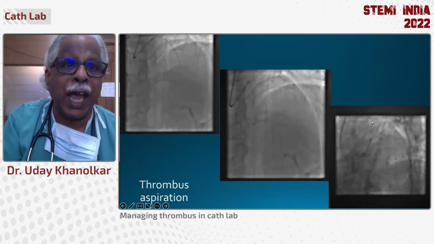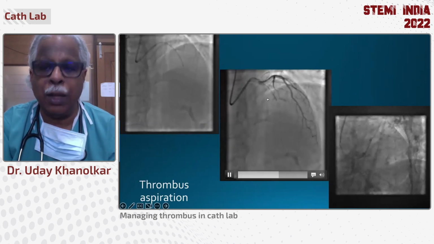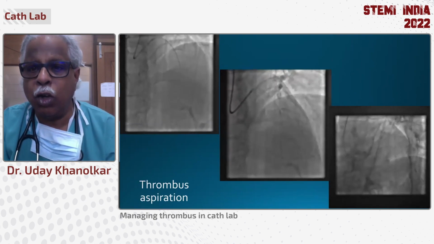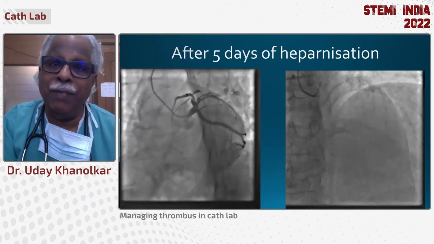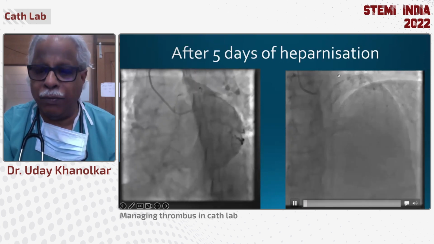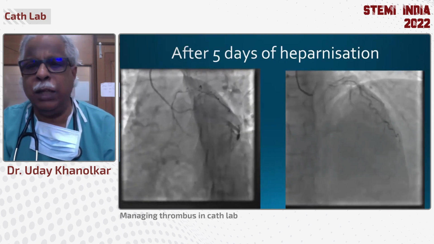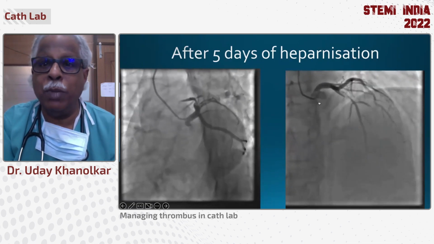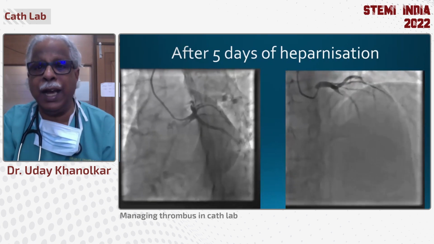We did thrombus aspiration for this patient, and in spite of it, the thrombus is still present in the coronary artery. Then we gave this patient heparin for 5 days and repeated the angiography, which shows at least a TIMI 2 to 3 flow, but the thrombus is still there.